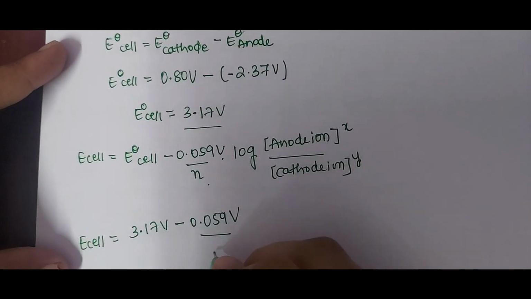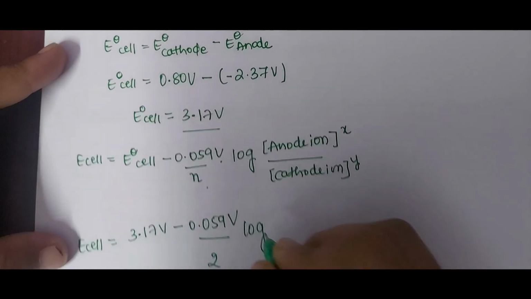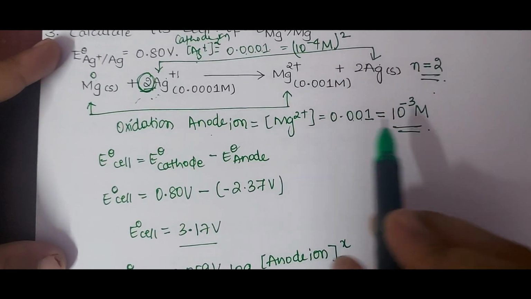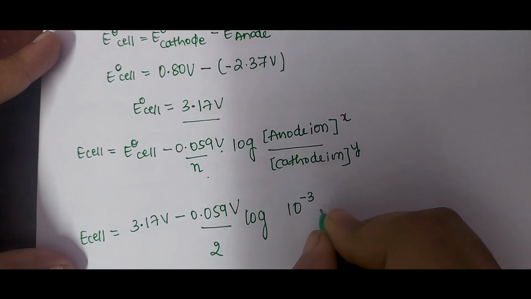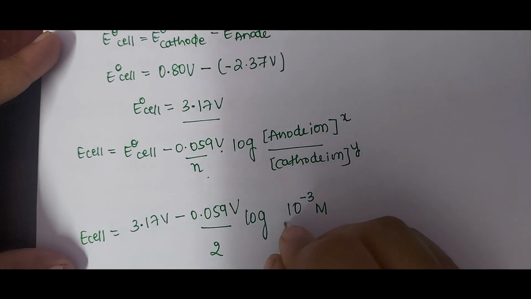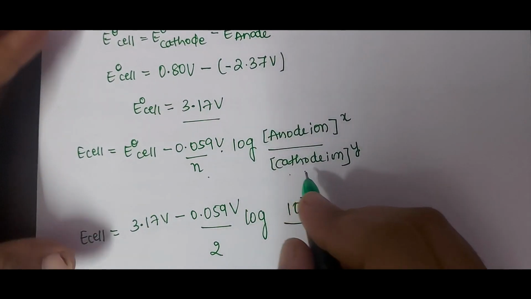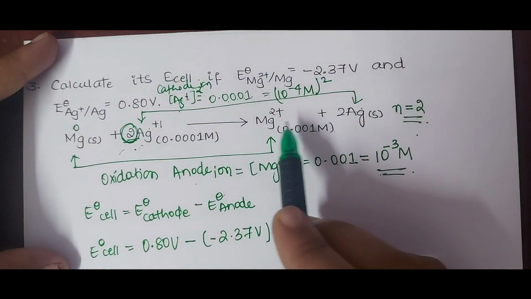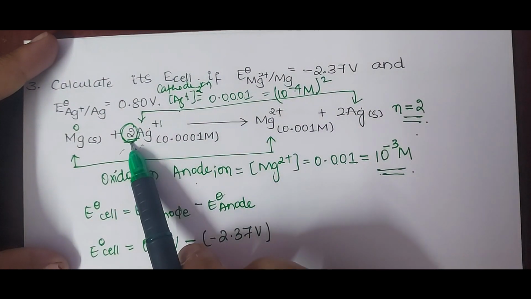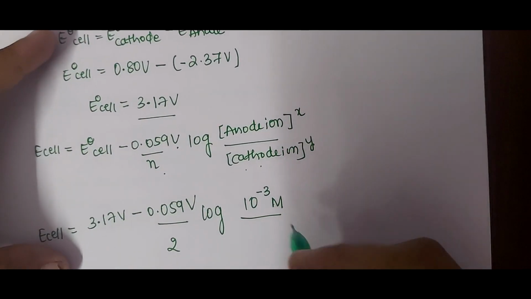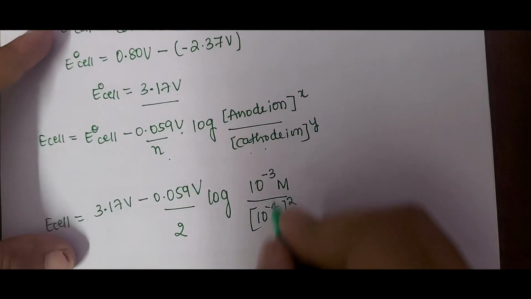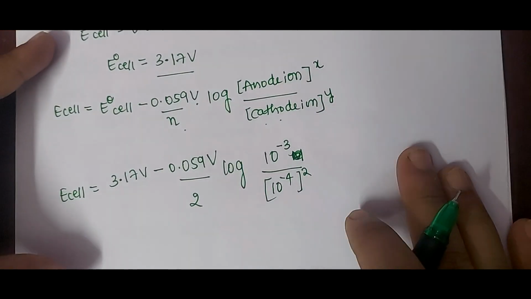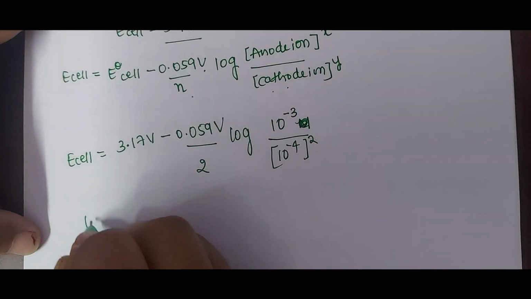So divided by 2 log of anode ion, that is magnesium ion, we have got it as 10⁻³ molar. Since it is only one mole, we'll keep it as it is. Cathode ion we have already found out, it is equal to 10⁻⁴ and 2 moles are there. So we write it as 10⁻⁴ the whole raised to 2. Now when we simplify it, we'll check the answer.